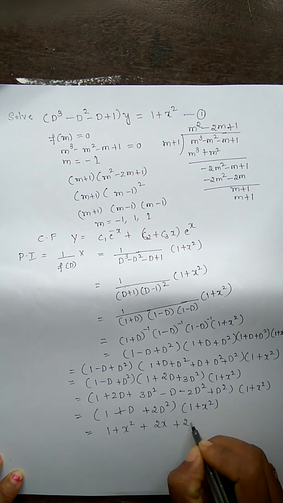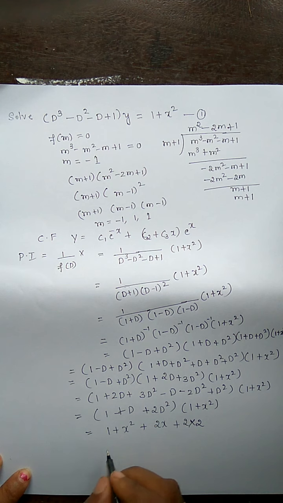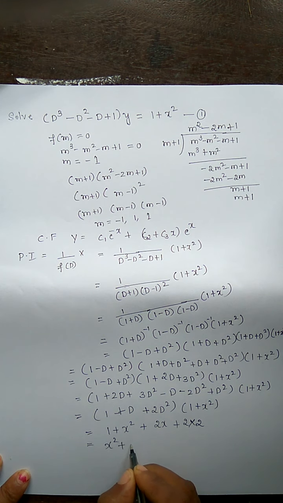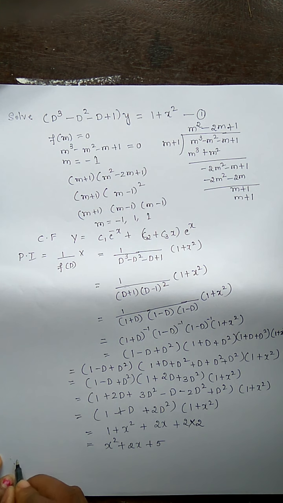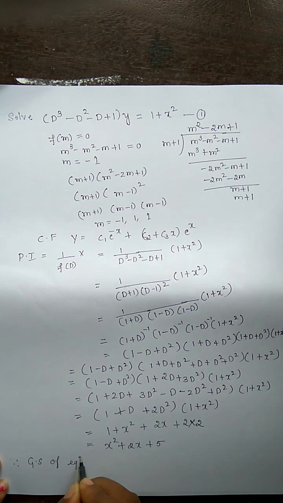2 into 2, so simplify this one: that is equal to 2 into 2, 4, 4 plus 1 is 5. It is x square plus 2x plus 5. So therefore, we can write the general solution of equation number 1 is the sum of complementary function and particular integral.